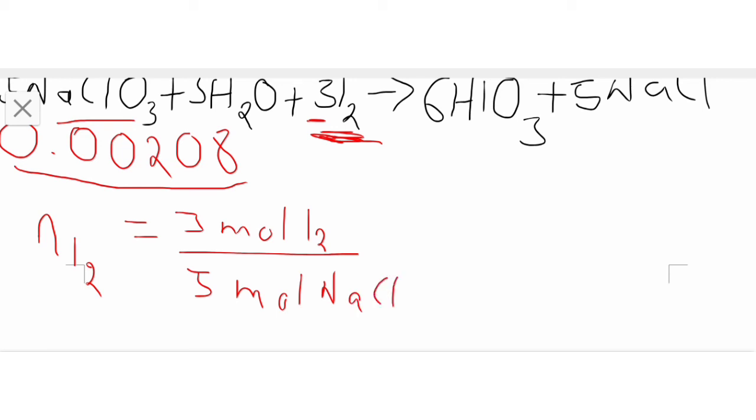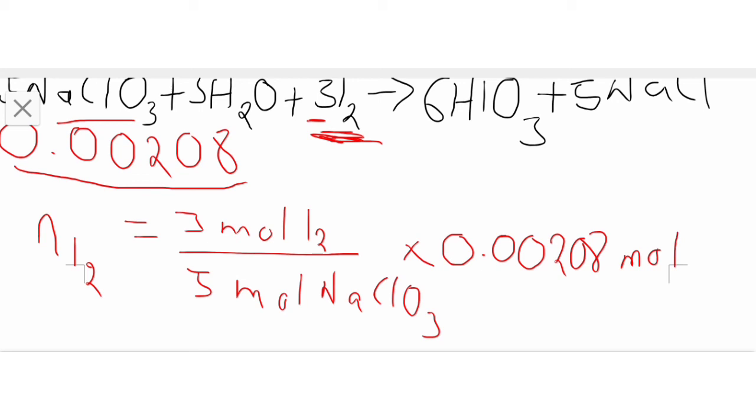Then we're going to multiply this by the number of moles that we calculated in step number 2, which is 0.00208 moles of sodium chlorate.